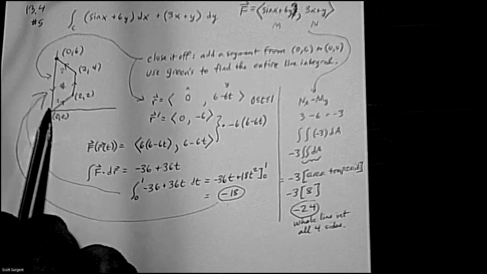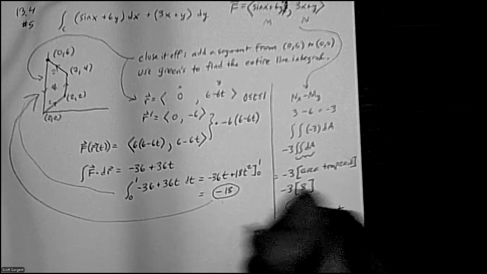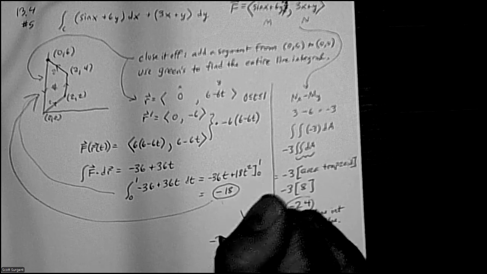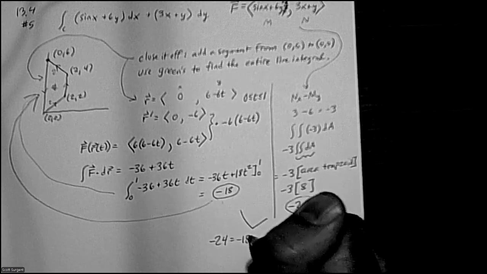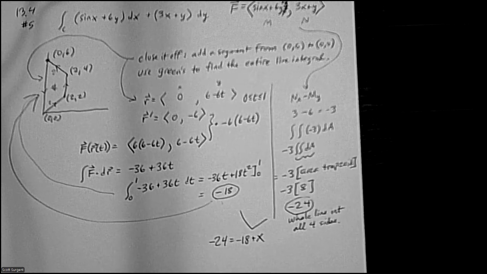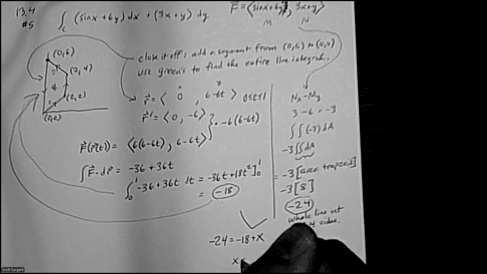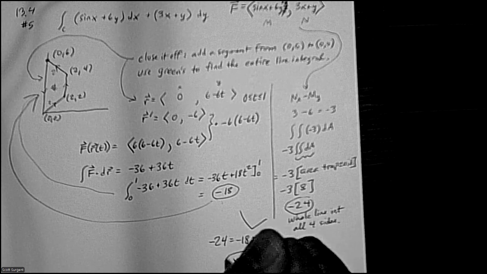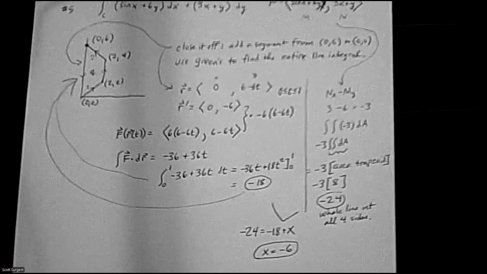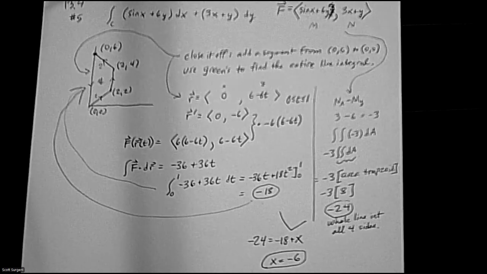This side here is negative 18, so just bring them together. Negative 24 is going to equal negative 18 plus x, and x turns out to be negative 6. So the other three sides have a sum line integral of negative 6. I'll admit that's a lot of steps, but it's actually quicker to do it this way than to work it out as separate line integrals.